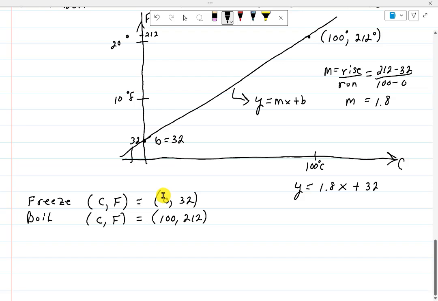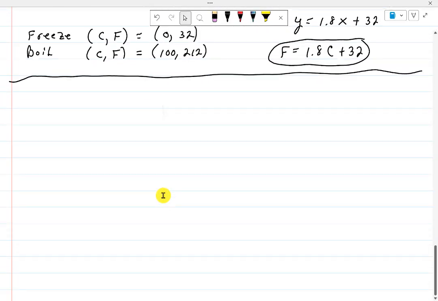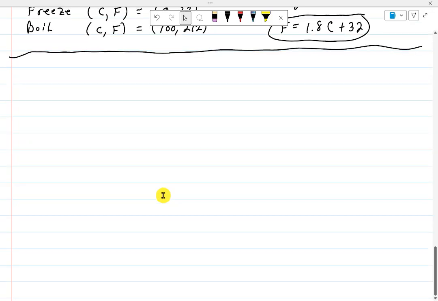Now if I put down the letters that I want, F equals 1.8C plus 32, this formula will convert Celsius to Fahrenheit. Convert 40 degrees Celsius to degrees Fahrenheit.